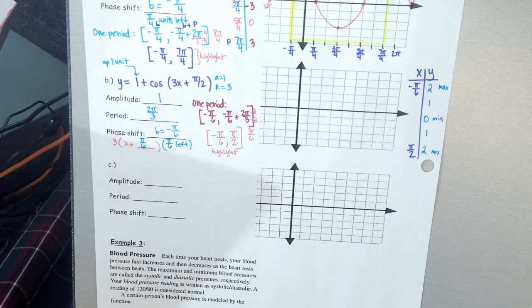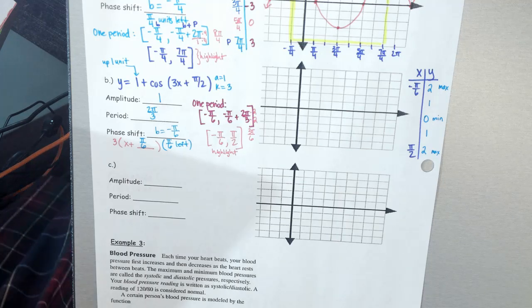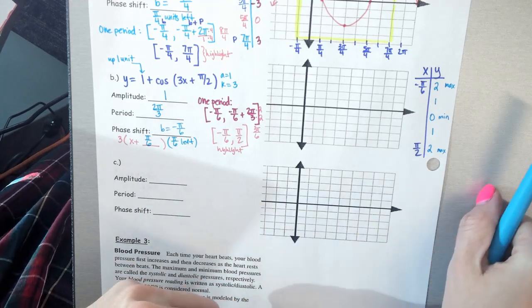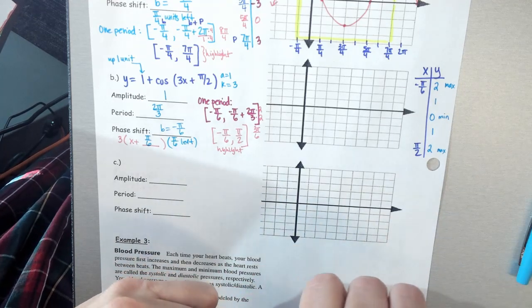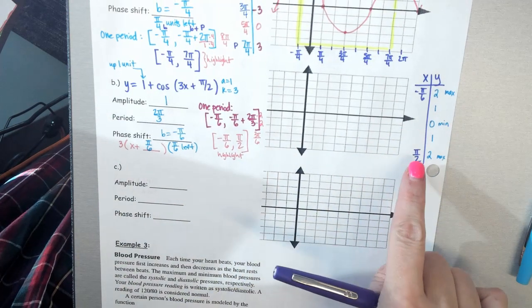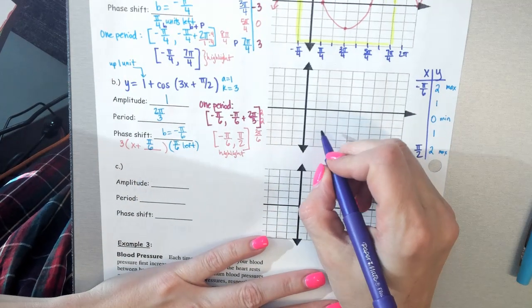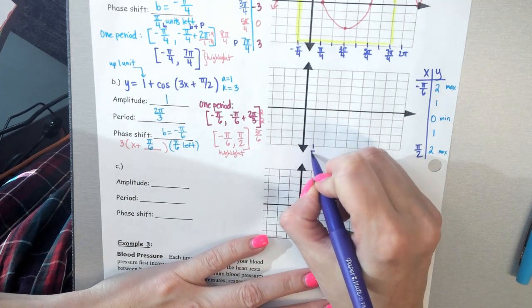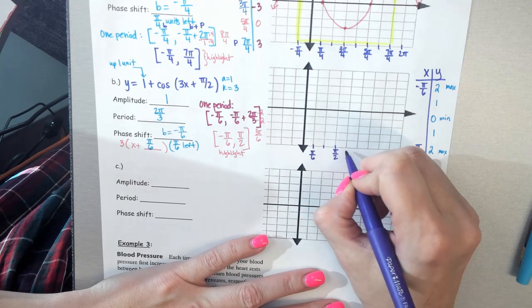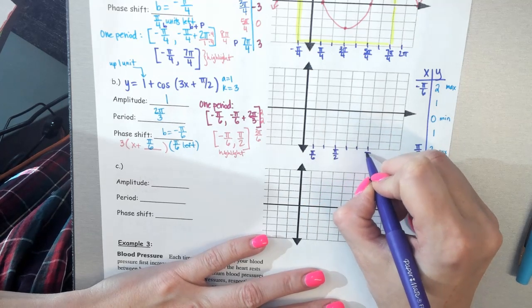So we'll go by pi over 6 because that's your phase shift. For this one, I can't just do it by pi minus this because my period is different. So that changes things. So this is 1 pi over 6, 2 pi over 6, 3 pi over 6, 4, 5, 6 pi over 6.